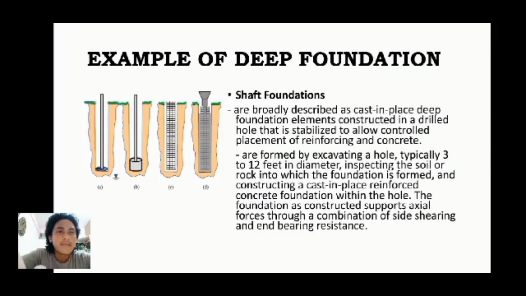It is also formed by excavating a hole, typically 3 to 12 feet in diameter, inspecting the soil or rock into which the foundation is formed, and constructing a cast-in-place reinforced concrete foundation within the hole. The foundation as constructed supports axial forces through a combination of side shearing and end bearing resistance.